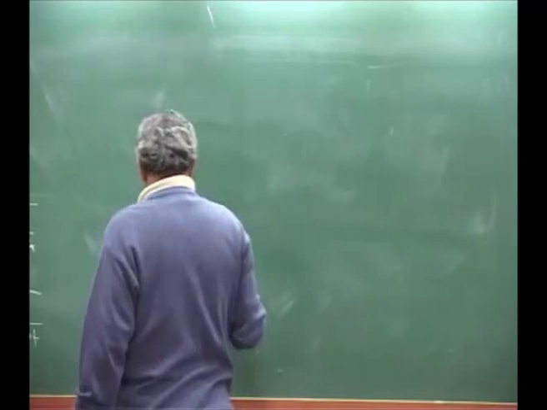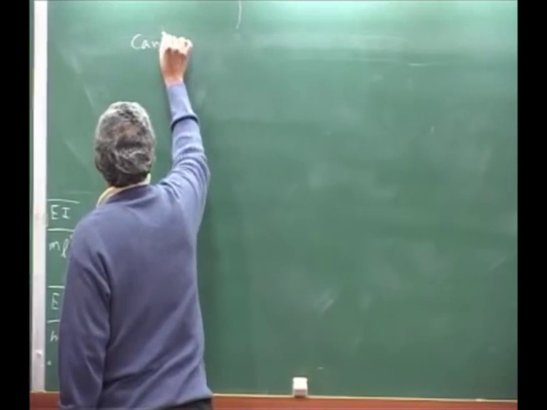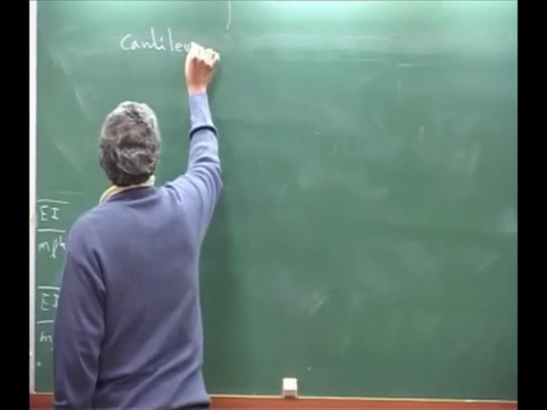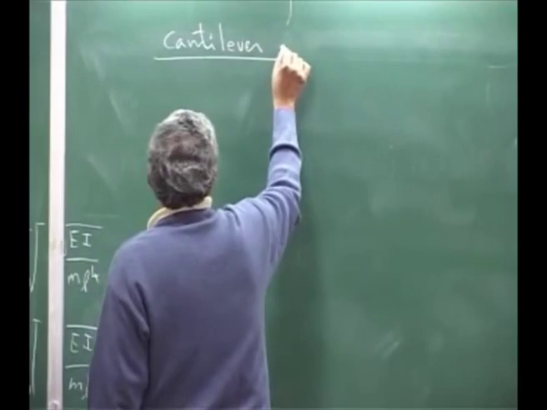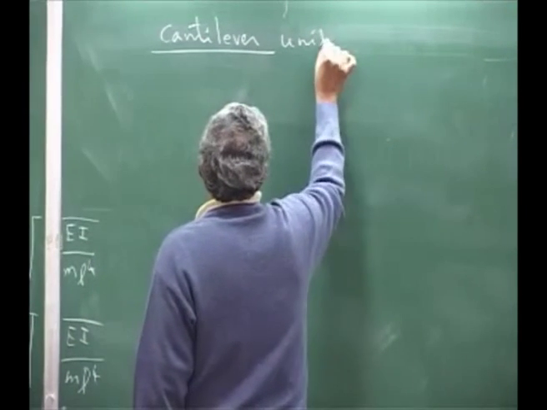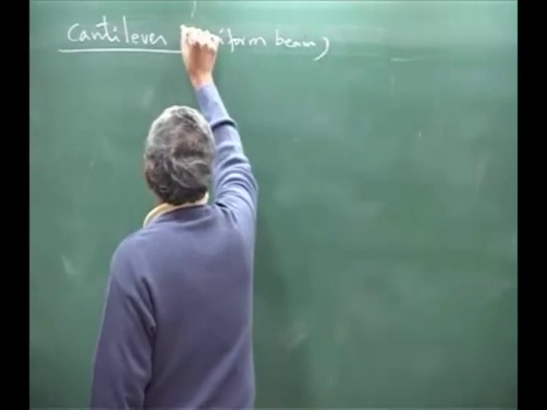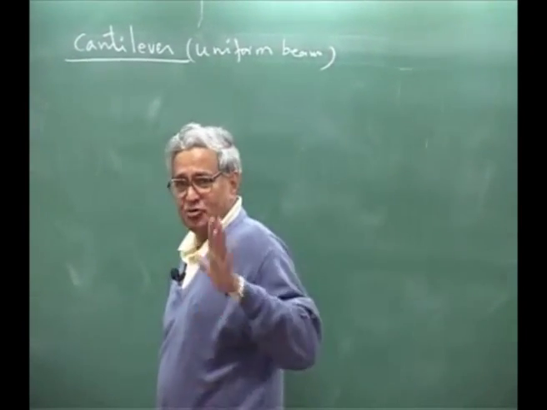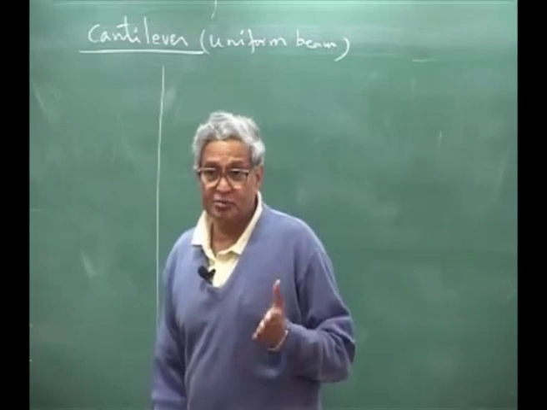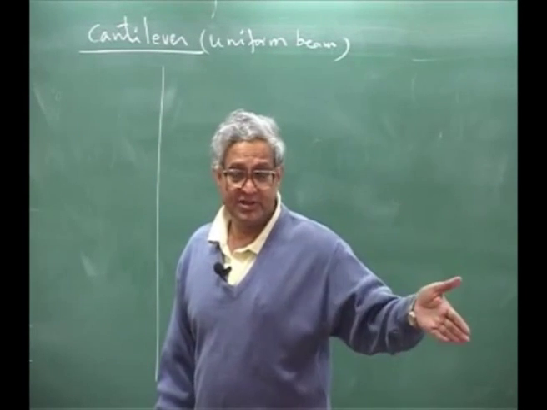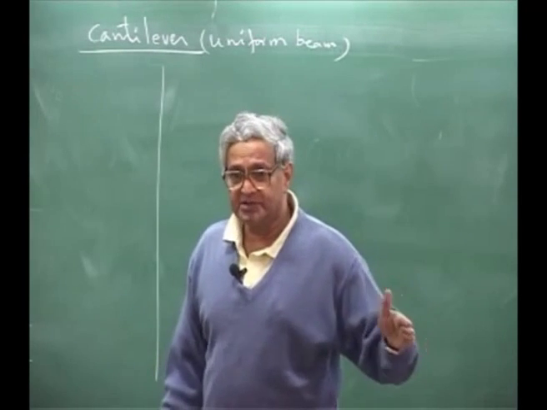The familiar problem of a cantilever beam, a uniform cantilever. Now I don't have rigid body modes, because displacement on the left hand side is 0, and slope is also 0.